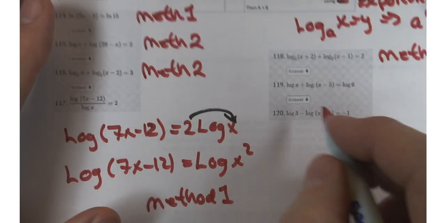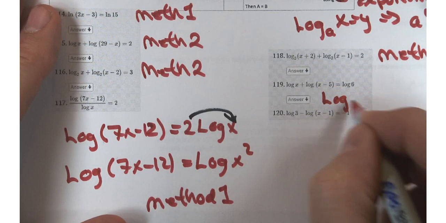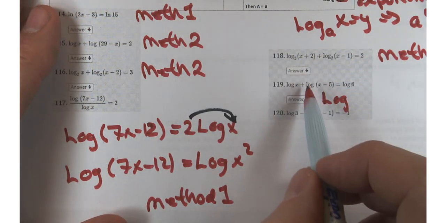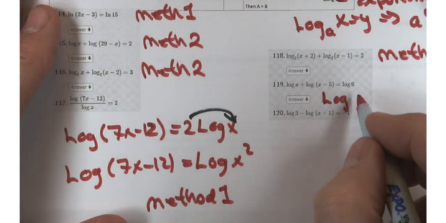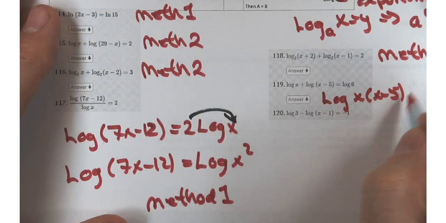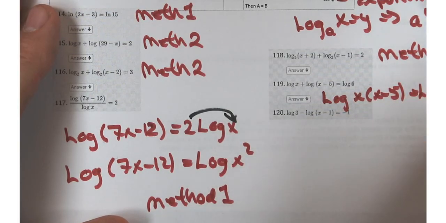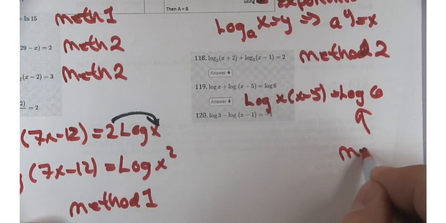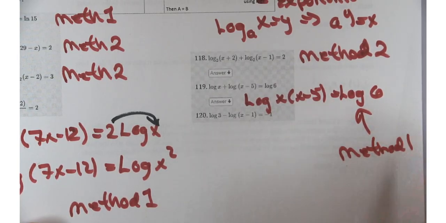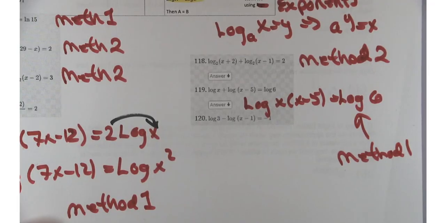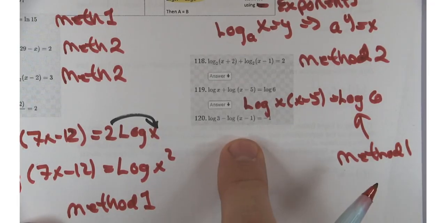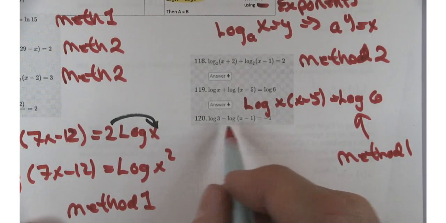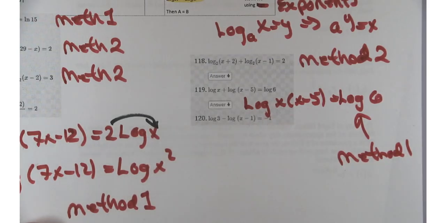You could rewrite this as log of x times x minus 5 equals log of 6. And now that's method 1. How about the last one? 2. Yeah, this negative 1 there isn't part of a logarithmic term, so that'd be method 2.